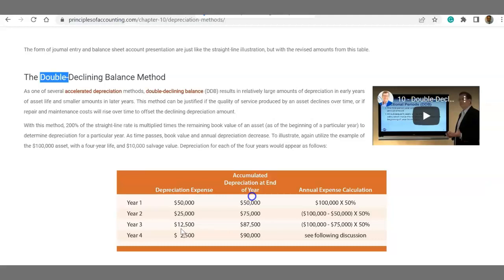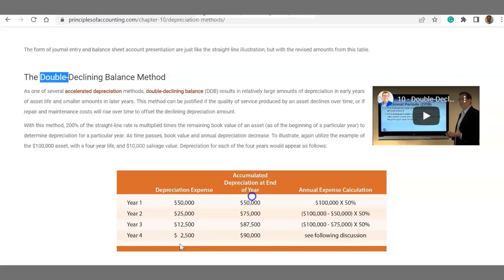Use your calculator. 12,500 times 0.5, which is 50%, is $6,250. But remember, I told you, under double declining, the only moment that you need to know your salvage value is at the end of the useful life. In year 4, you're not going to depreciate 6,250, even though 12,500 left times 50% is 6,250.